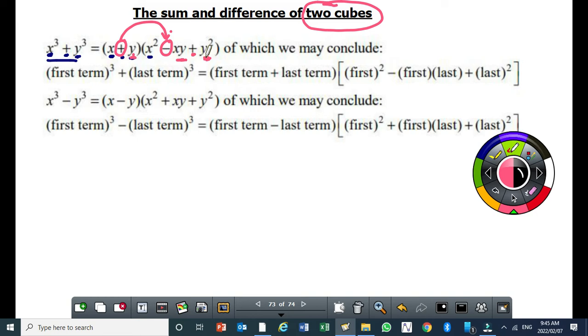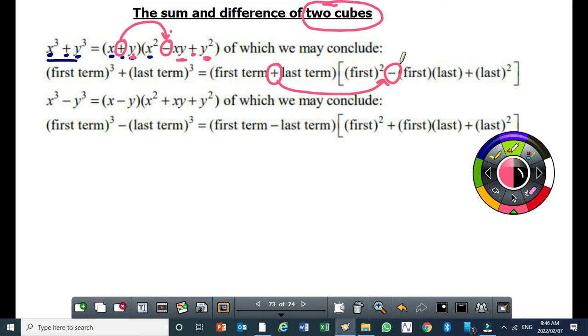So your factors will be first term plus last term, right? Then the trinomial factor will be first term squared. If there is a plus here, then you put a sign which is the opposite. In that case, it will be a minus. Then the middle term will be the first term times the last term. The third term of the trinomial will be the last term squared.